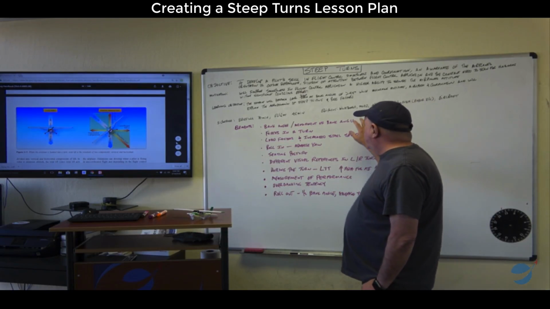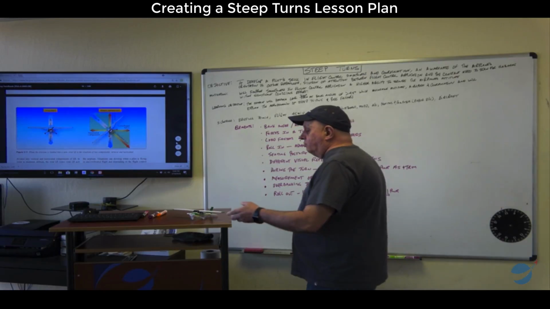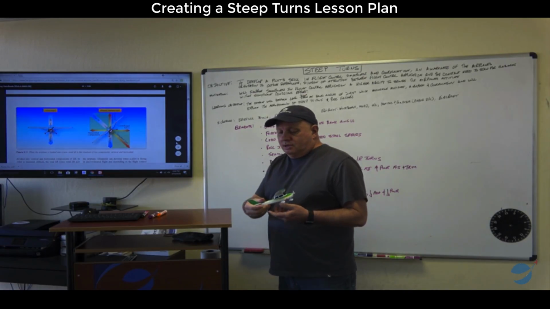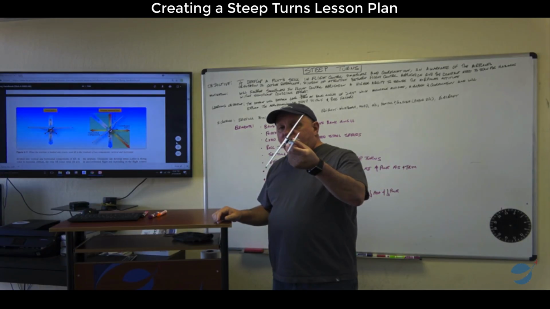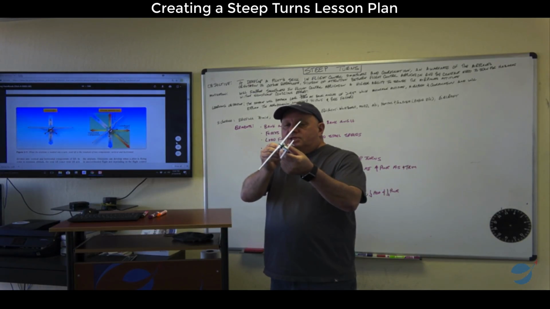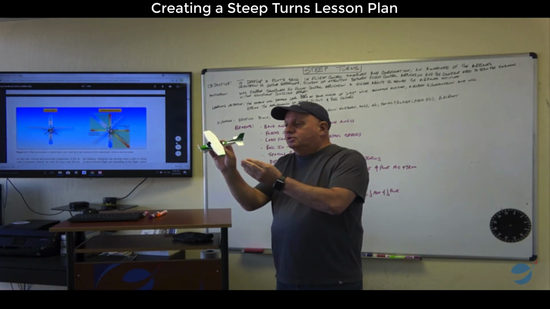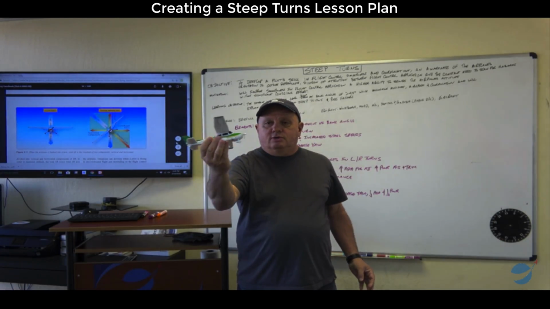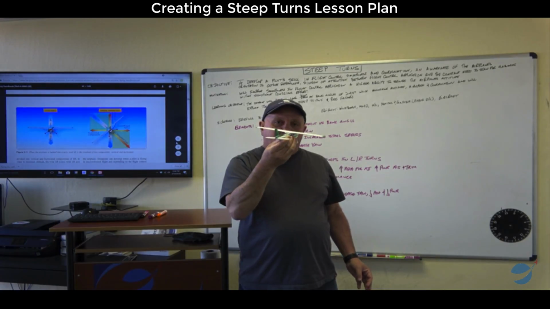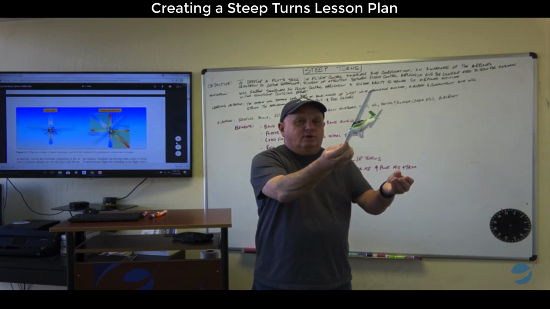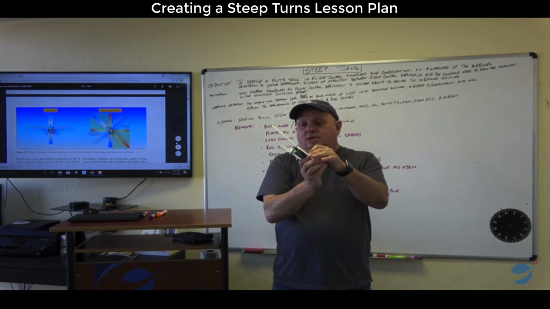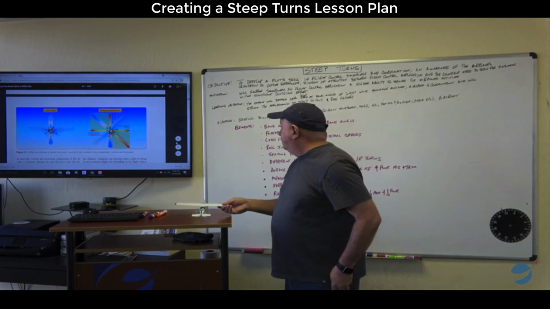So the first is, the overview: we're going to be making a steep turn, which is a 360-degree level turn at 45 degrees of bank. We're going to maintain altitude, airspeed, and coordination as we make a 360-degree turn all the way around. And we'll do one in the opposite direction as well, 360 degrees all the way around, and roll out. Okay, so that's the idea.